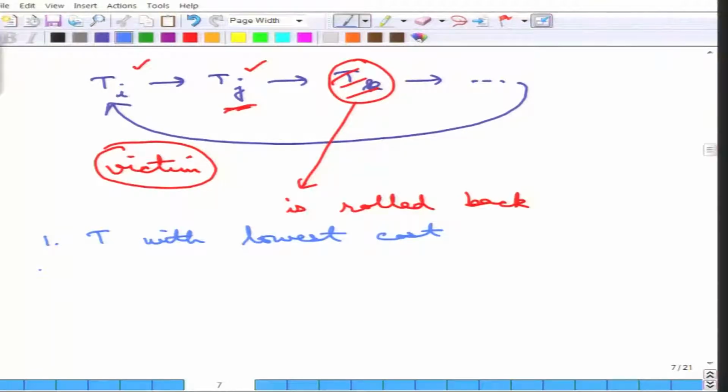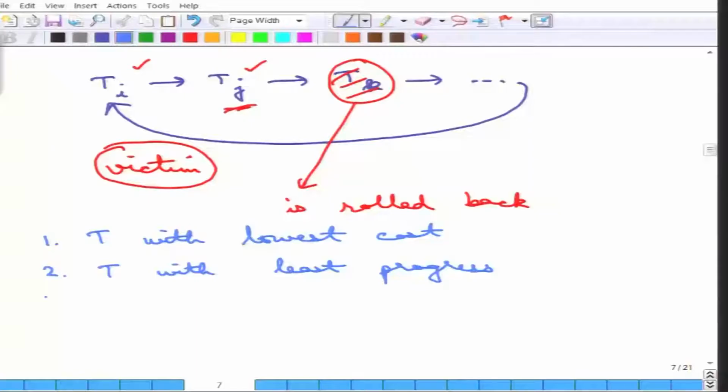The other heuristic is the transaction with the least progress. What does that mean? Even though in the first heuristic the transaction with the lowest cost is chosen, that may not be a good one, because even if it has the lowest cost, it may have almost completed. If that is rolled back, then all that work needs to be done.